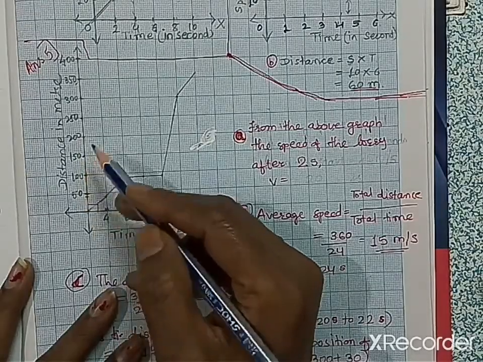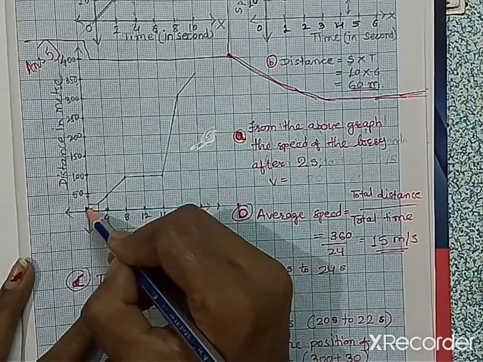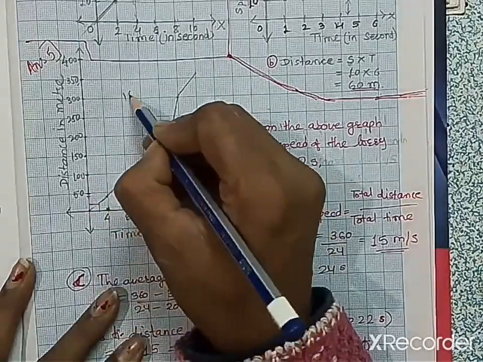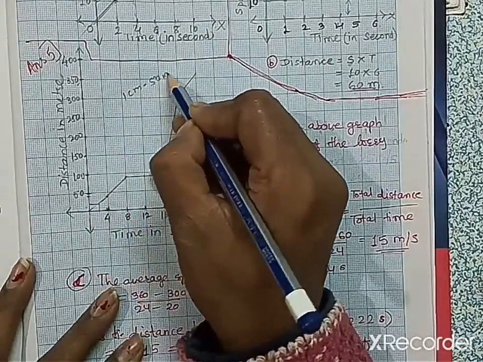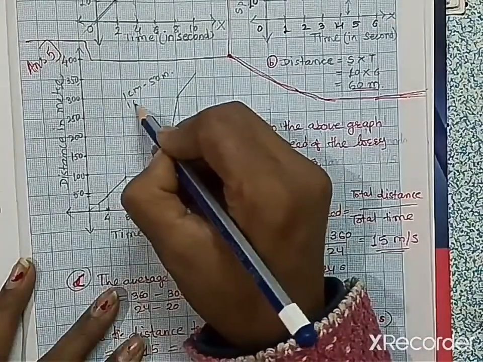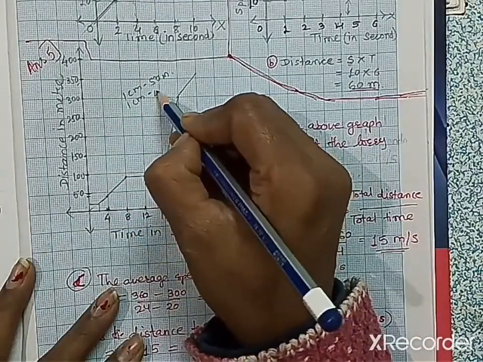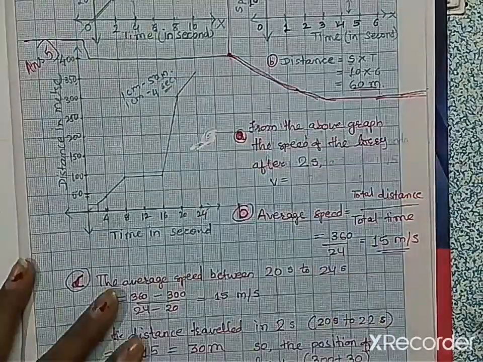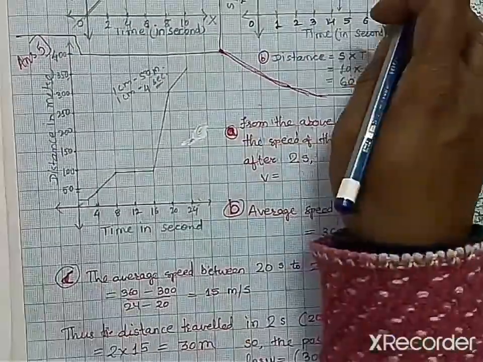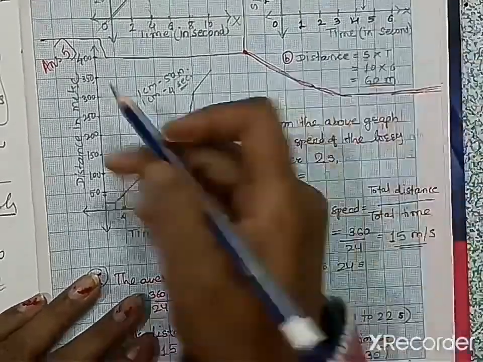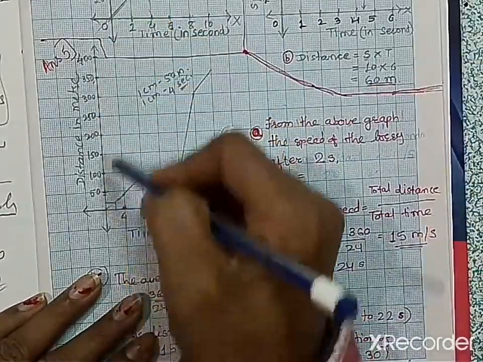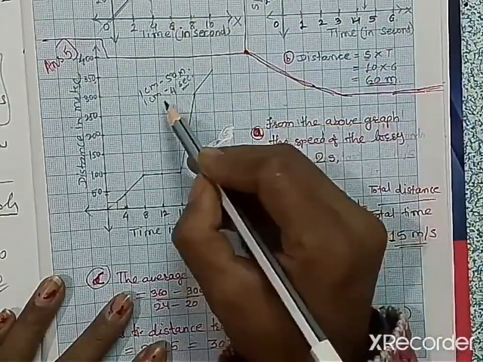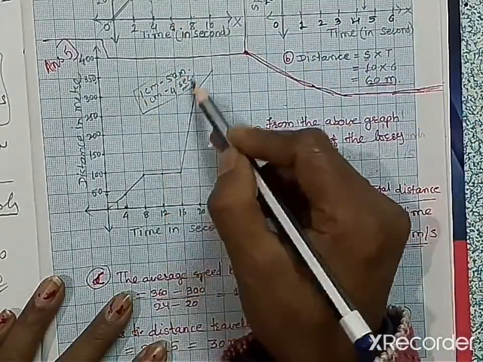The scale is taken as 50 meter for 1 centimeter, so 1 centimeter shows 50 meters, and here 1 centimeter shows 4 seconds. Because the distances are large, we cannot show all of them here, as that line would go above the graph. So we have taken this scale.